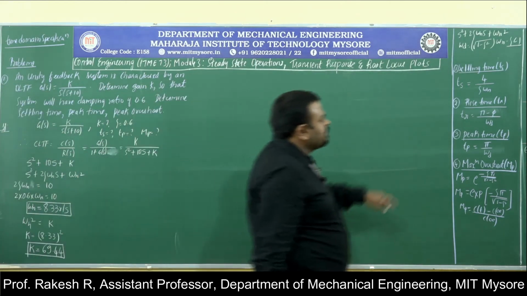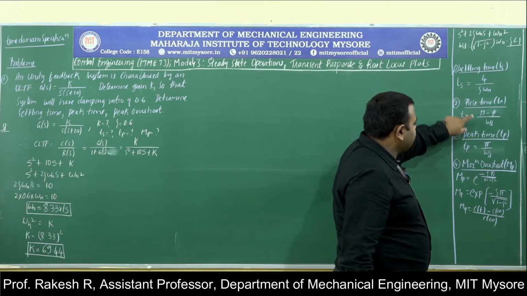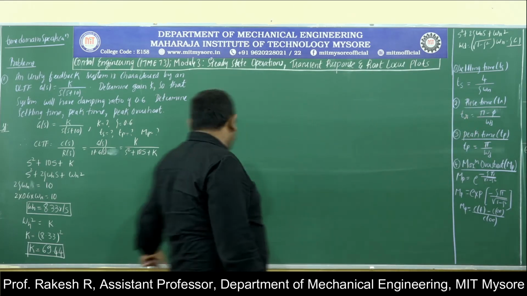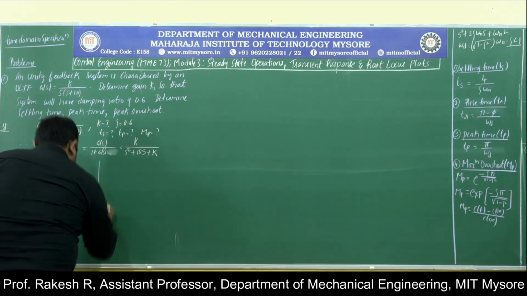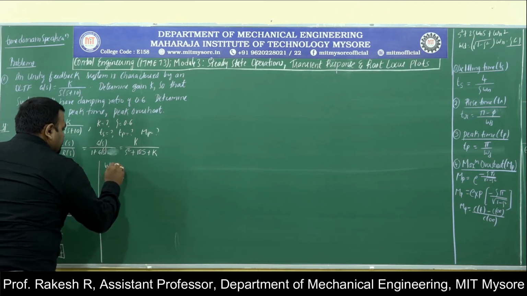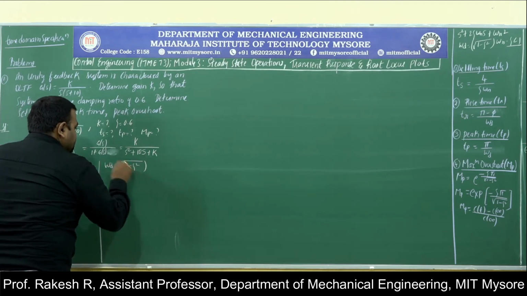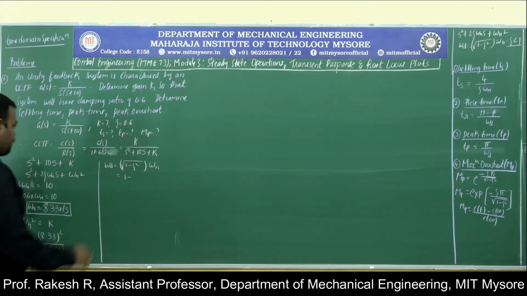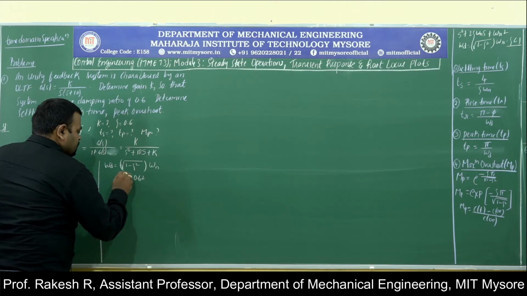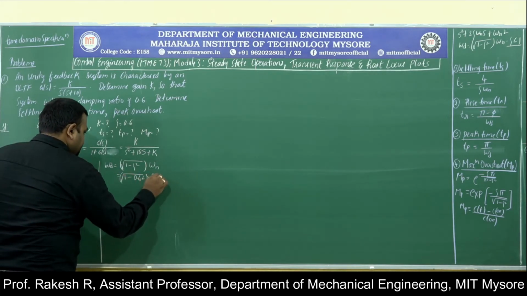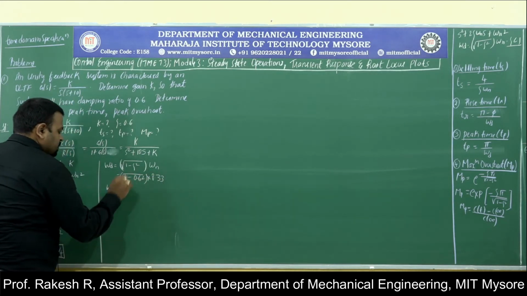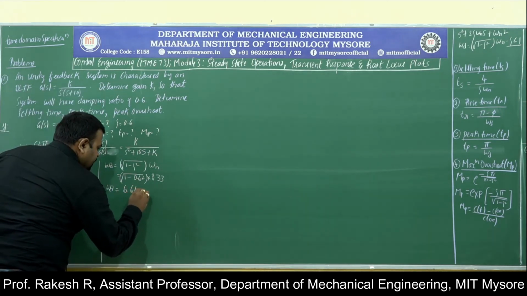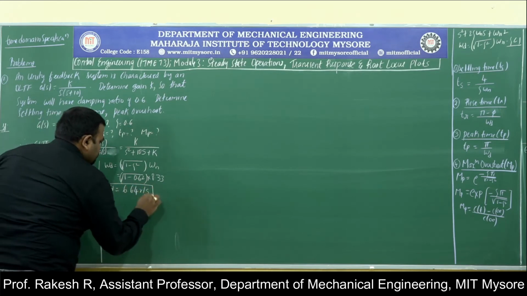Then I need to calculate settling time, peak time, overshoot. In settling time, zeta omega n is there. In peak time, omega d is there. What is omega d? We have to calculate. Omega d is equal to square root of 1 minus zeta square into omega n. 1 minus 0.6 square into omega n is 8.33, and if you solve this, omega d is around 6.64 radian per second.